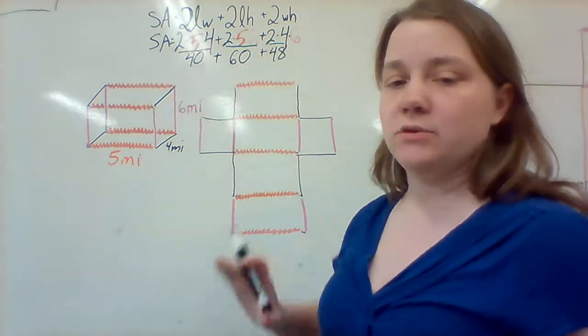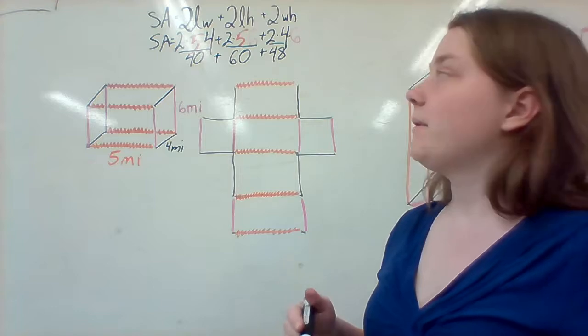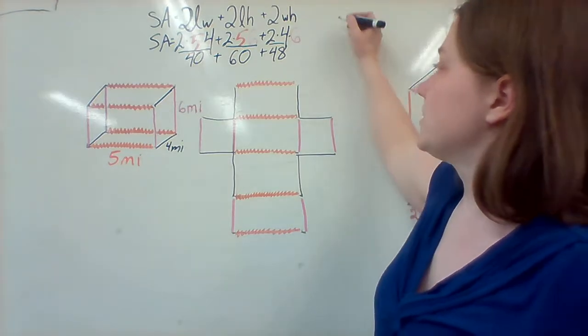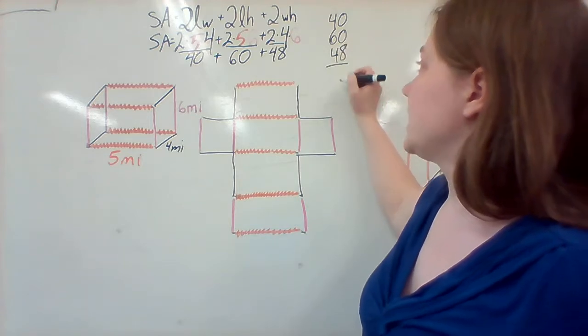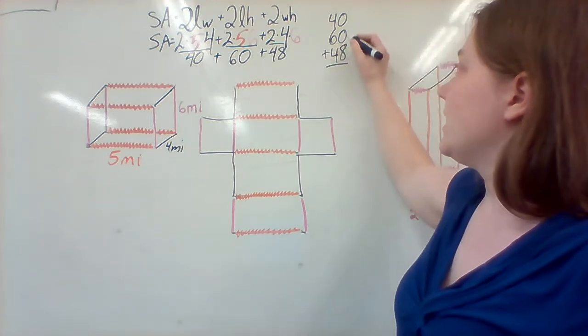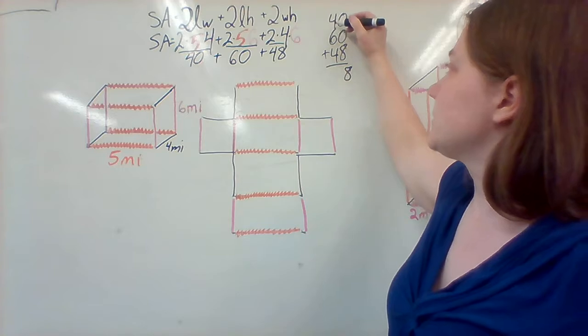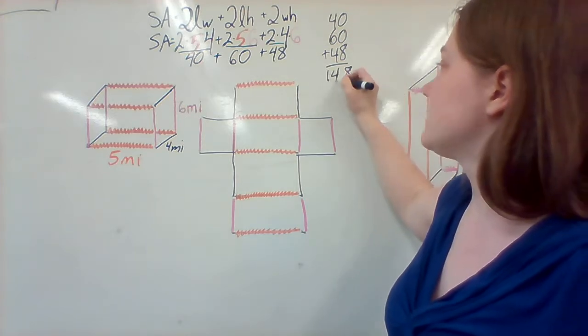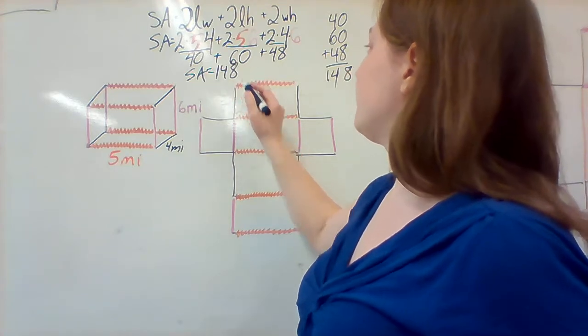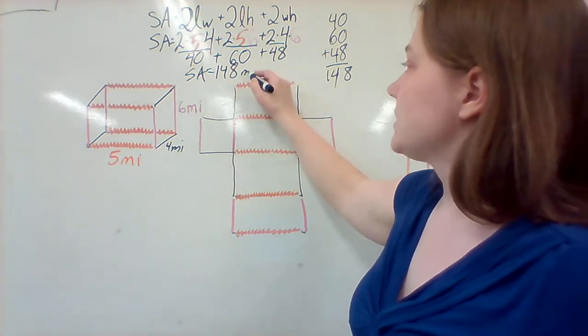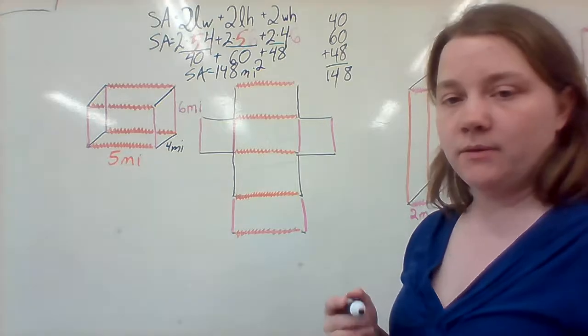That's what the extra 2 is thrown in there for. And now I have to add all this up. So now I have 40, 60, and 48. 8 plus 0 plus 0, 6 plus 4 is 10, plus another 4 is 14. So my surface area is going to be 148 miles squared.